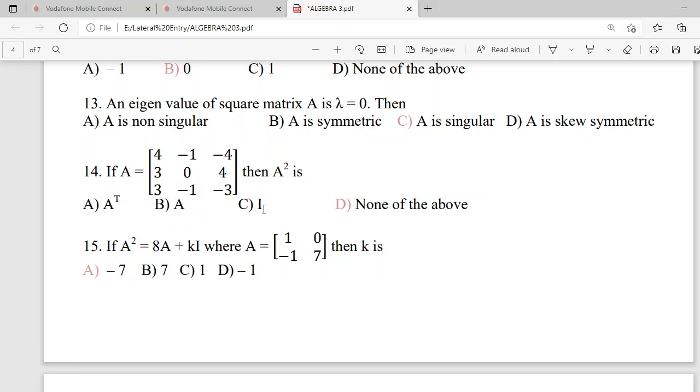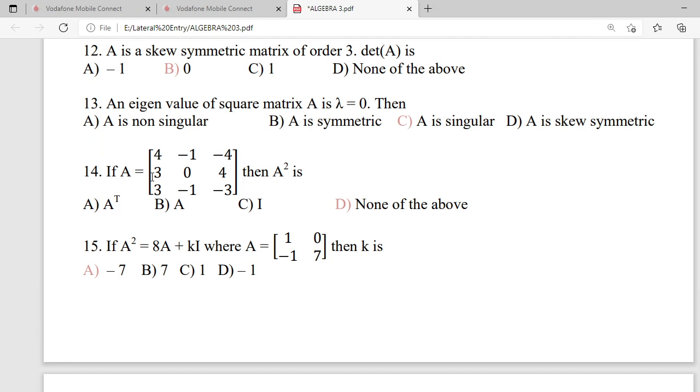It is simple. Suppose A square means A into A. So what is the first element? The first element will be 4 into 4, 16, then minus 1 into 3, it is minus 3, so 16 minus 3, then minus 4 into 3, minus 12, so 16 minus 15, this is 1.